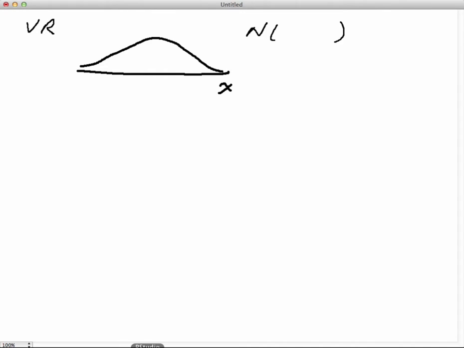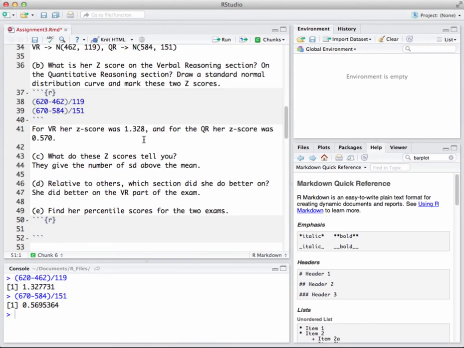Then we know from our previous work that it was normal with 462 and 119. In other words, the mean was 462 and the standard deviation was 119.